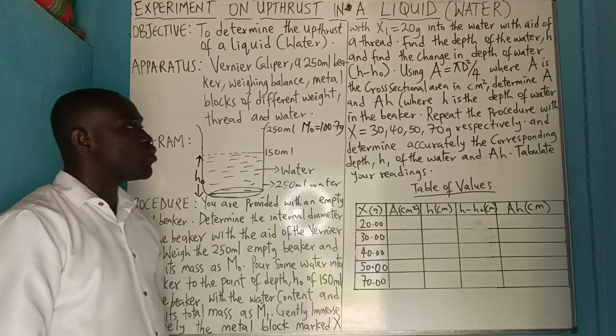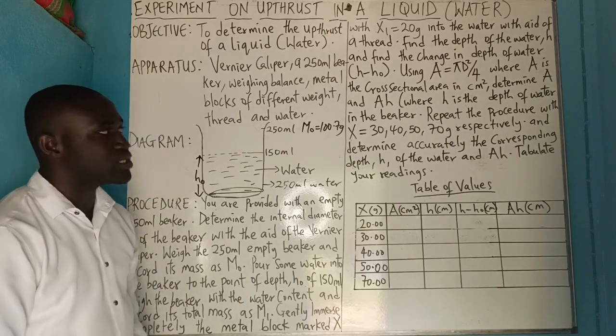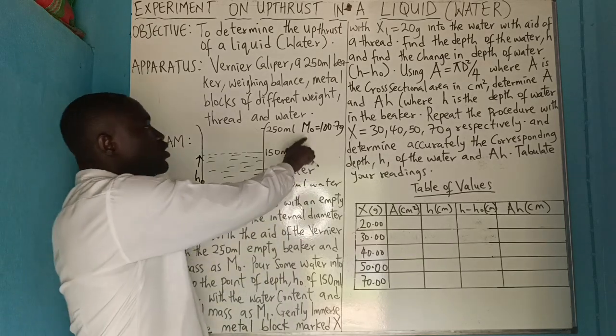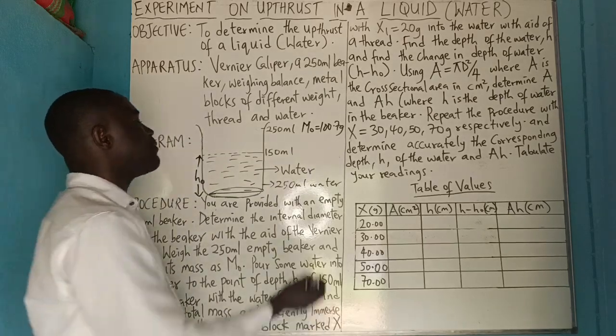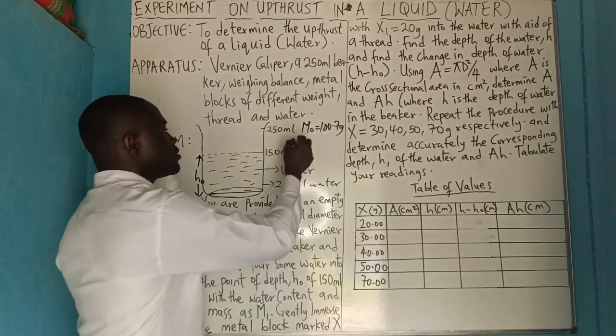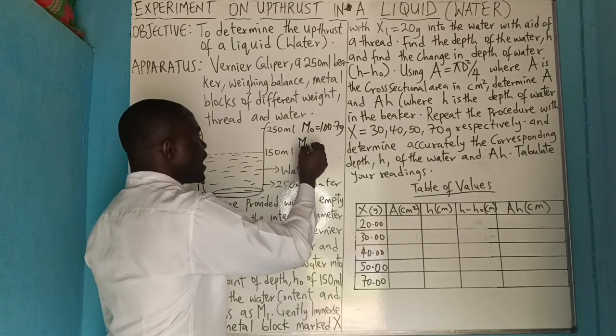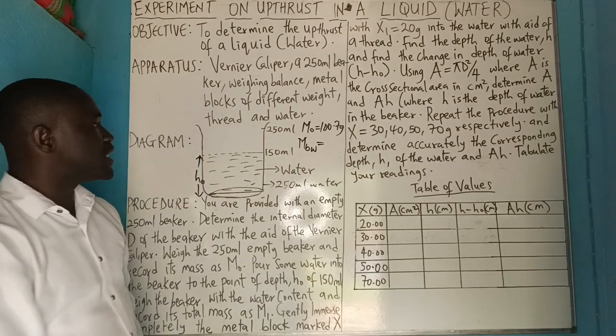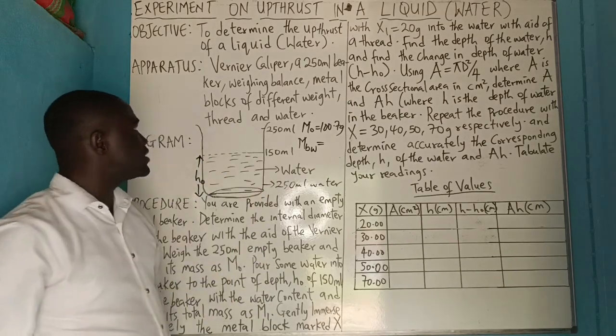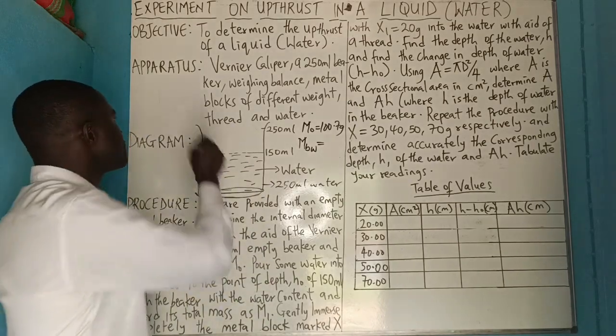Now, because we want to perform this experiment without touching the apparatus, as you have known the mass of the beaker, the implication is that the mass of beaker and water will be equal to, since the water is 150 ml, there are some conversions you need to note.